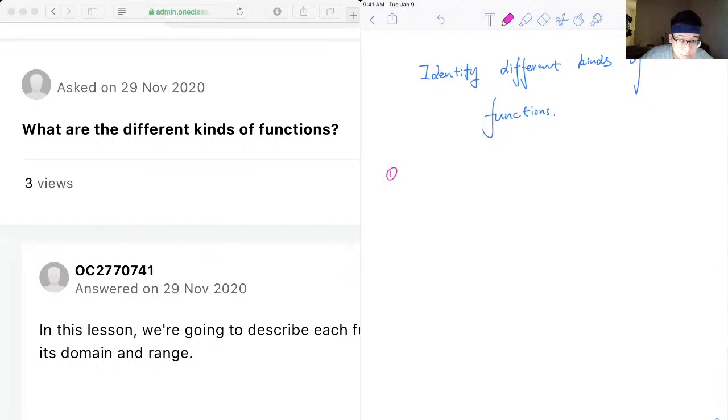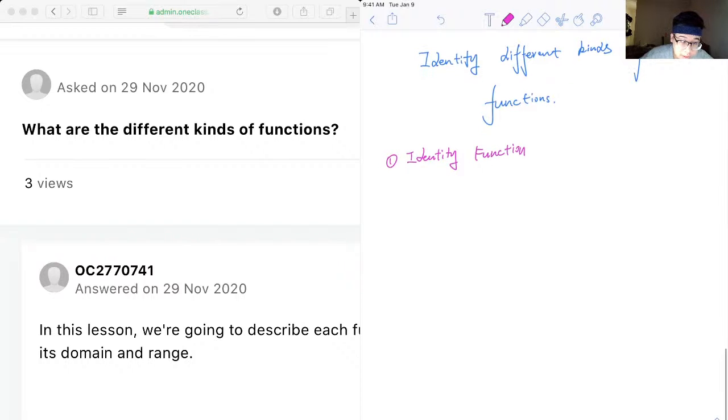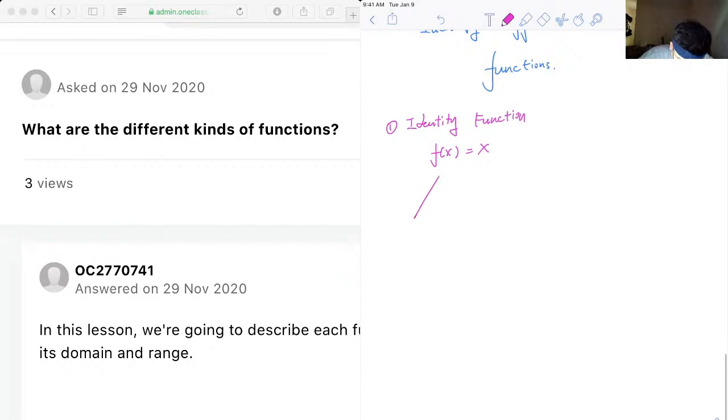Okay. So the first one, the identity function, which is denoted by f(x) = x. In terms of its domain, it's just R, and the range will be R as well.